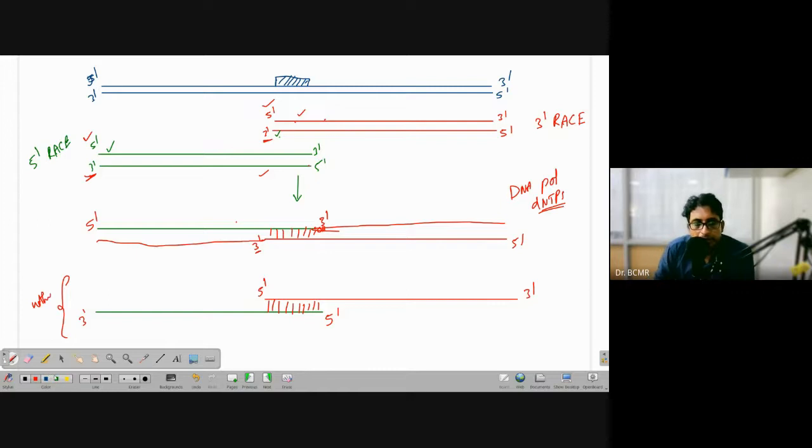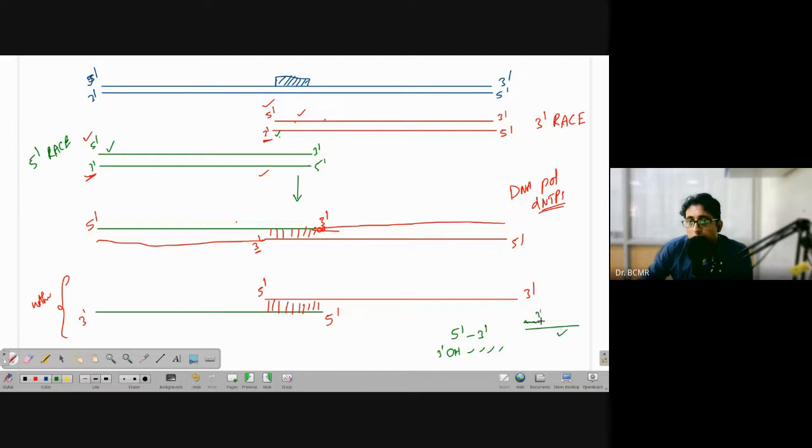Why is that? It's because polymerization will happen from 5 prime to 3 prime direction always. The 3 prime OH is important, onto which more and more bases are added. DNA polymerase would require a primer template junction. So this is the primer, for example, and we have a template here.